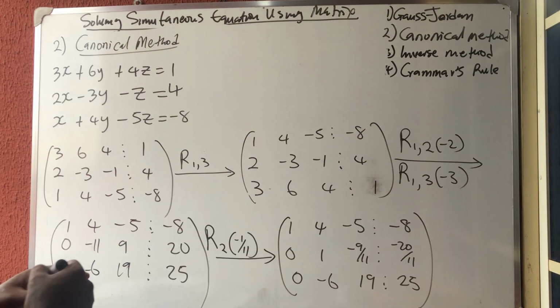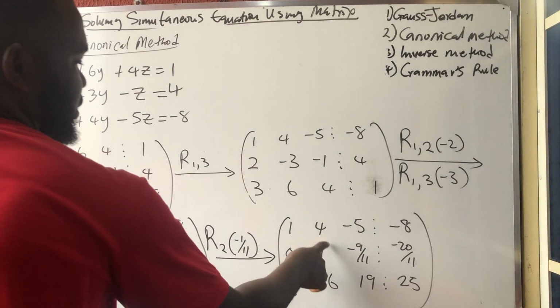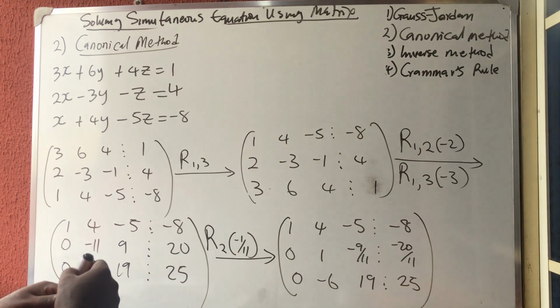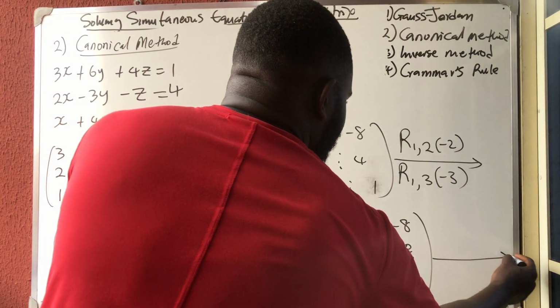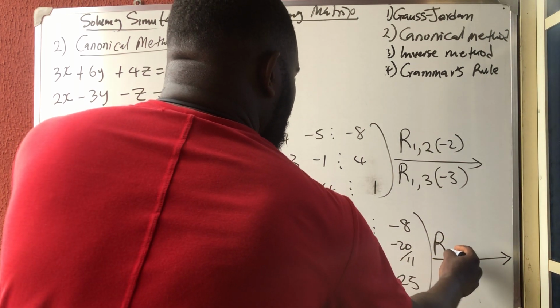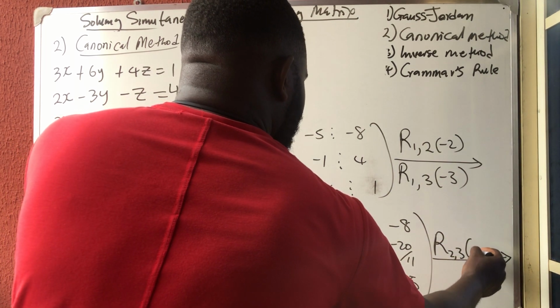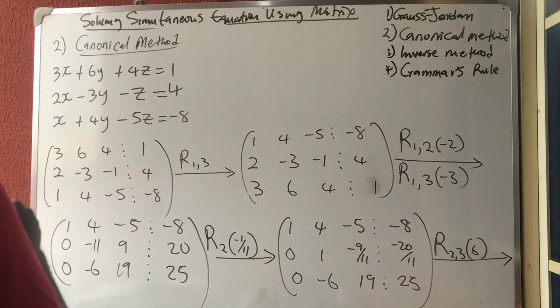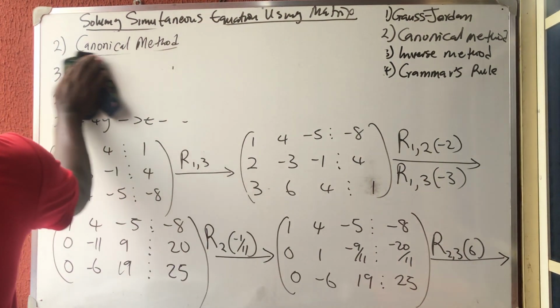Okay, so the next thing we need to do, since it's now 1, is to make this one 0. What will make it 0 is multiplying row 2 by 6 and adding it to this one. So we say row 2 will add to row 3, but we'll multiply it by 6. Permit me to continue writing here.